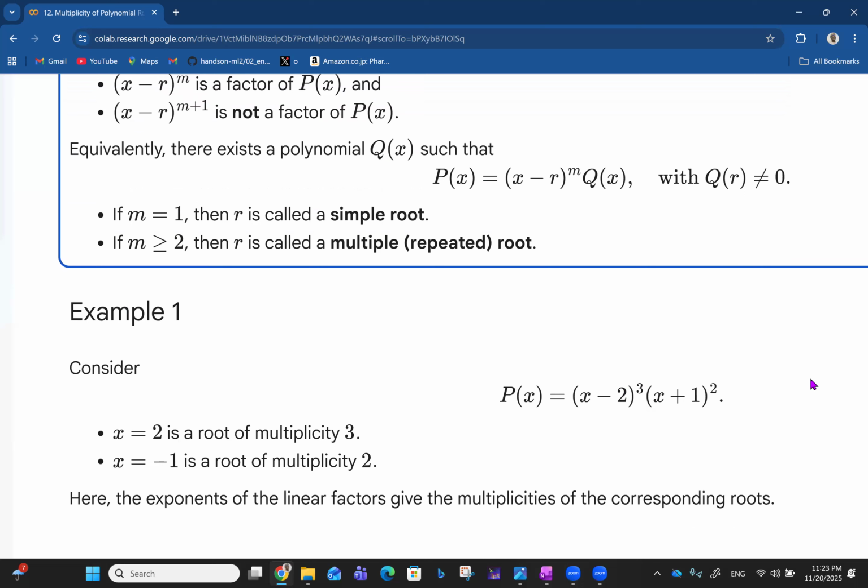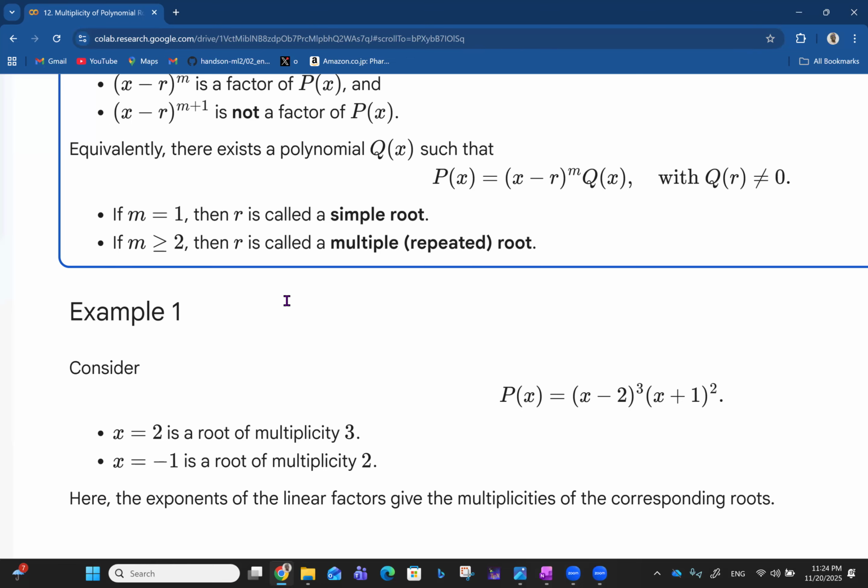Clearly, if you equate this to 0, we get x equals 2, 3 times, and we get x equals minus 1, 2 times. So x equals 2 is a root of multiplicity 3. x equals minus 1 is a root of multiplicity 2. Here the exponents of the linear factors give the multiplicities of the corresponding roots.